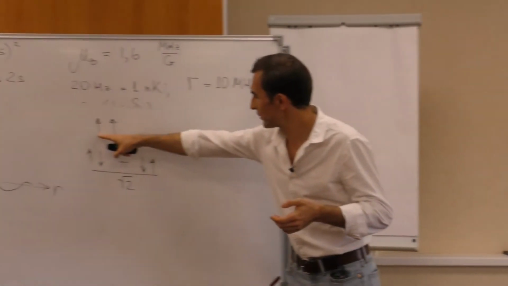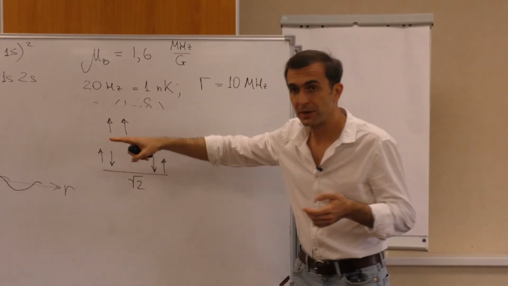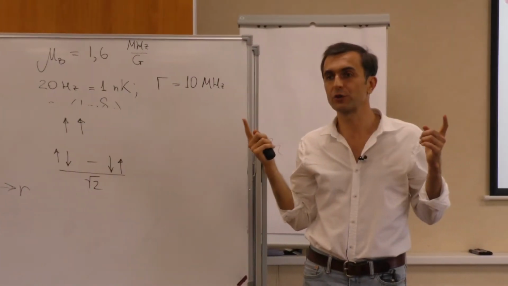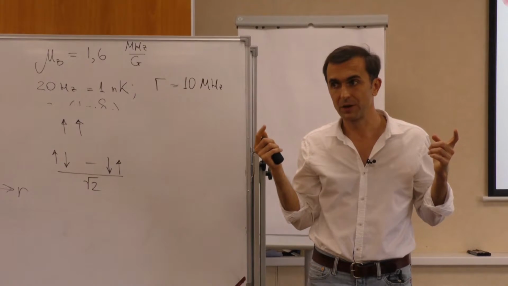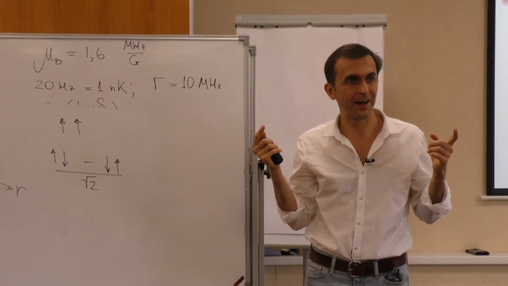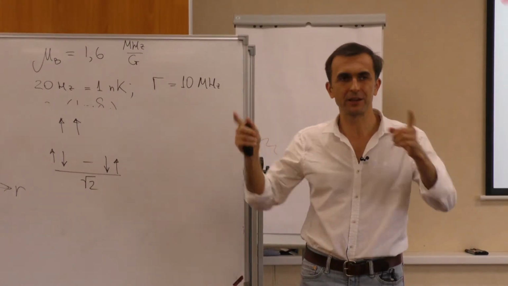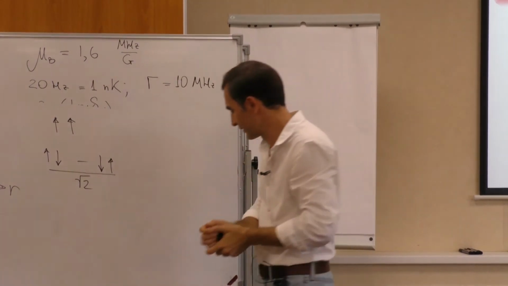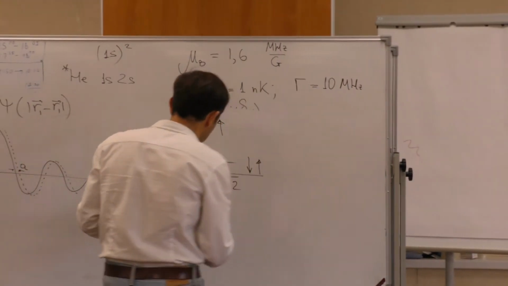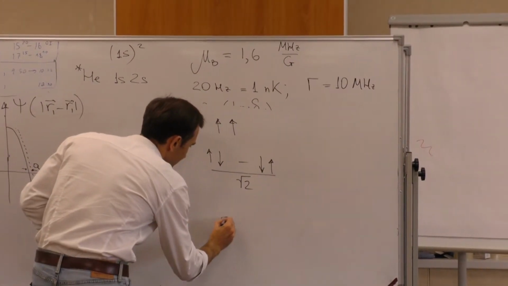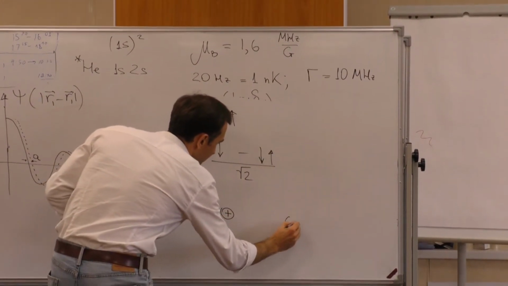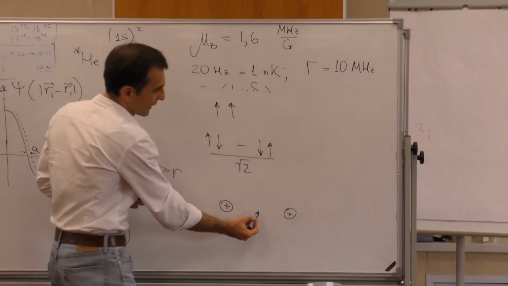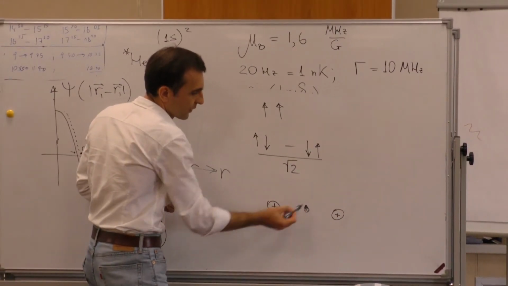For this triplet state, the spins of two electrons, two fermions, are the same, which means the two electrons cannot be overlapping, they cannot be in the same place. So these are the two ions, ion 1, ion 2, and the electrons cannot be here in the middle.